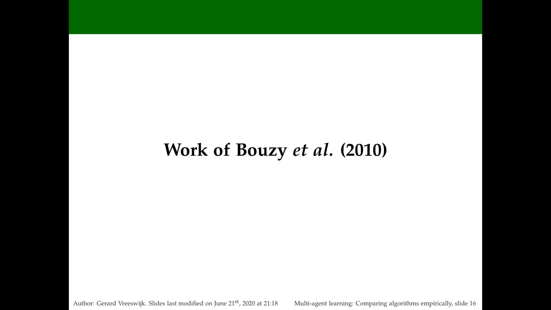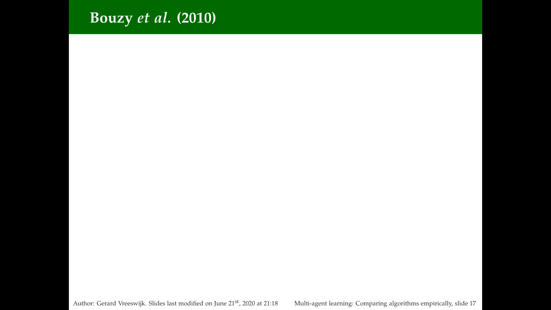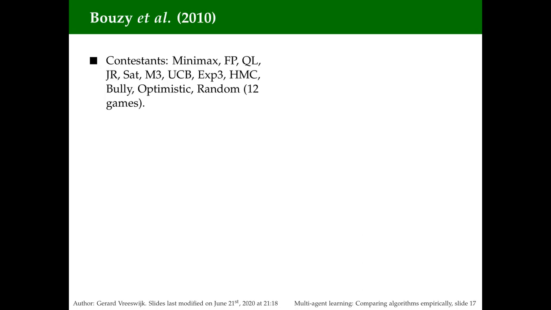Next slide, where we talk about the work of Busoniu and associates. So Busoniu discussed the learning algorithms minimax, fictitious play, Q-learning, satisficing play, M cubed, which is quite a complicated learning algorithm, therefore we didn't discuss it, and some other learning algorithms.